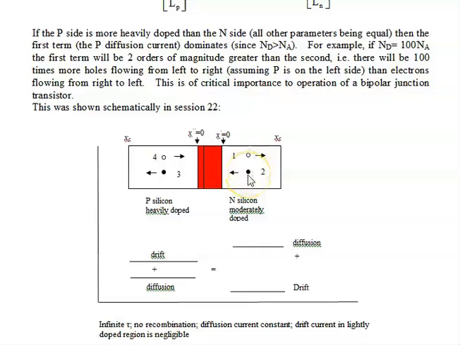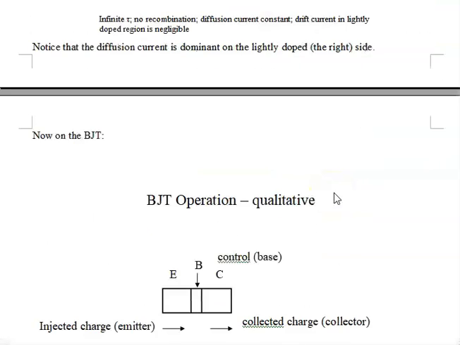We have electrons going from the N side, where they're majority carriers, into the P side where they are minority carriers. In both cases, we have a combination of drift and diffusion, and that is exactly what happens in the BJT, although it happens in two places, not only one, because there are two junctions.